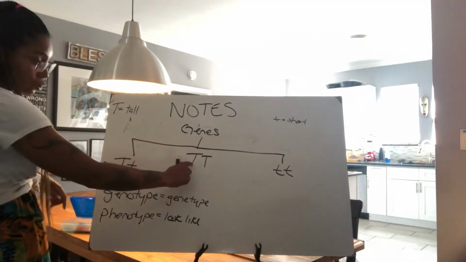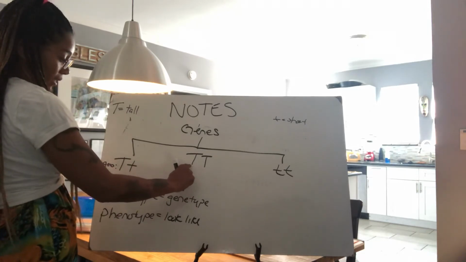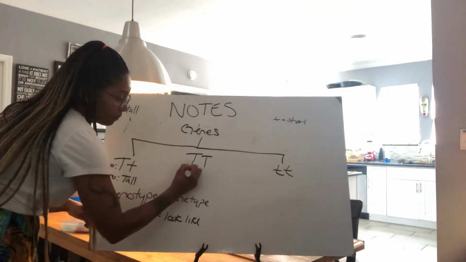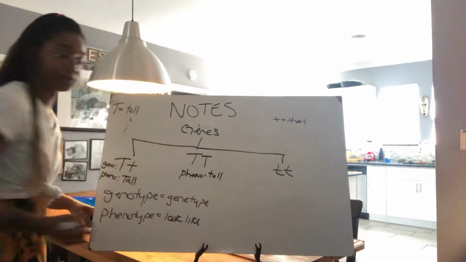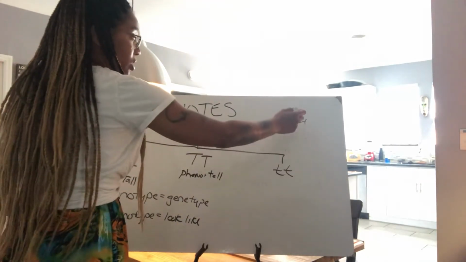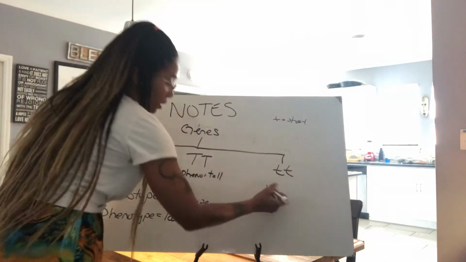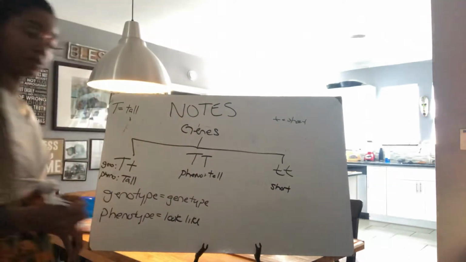So I have a gene for tall and a gene for tall. So the genotype is big T, big T, but the phenotype here would also be tall. And then the last one, little t, little t, I have a gene for short and a gene for short, so my phenotype here would be short.